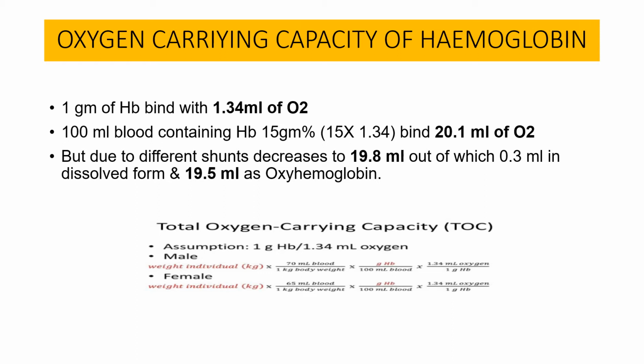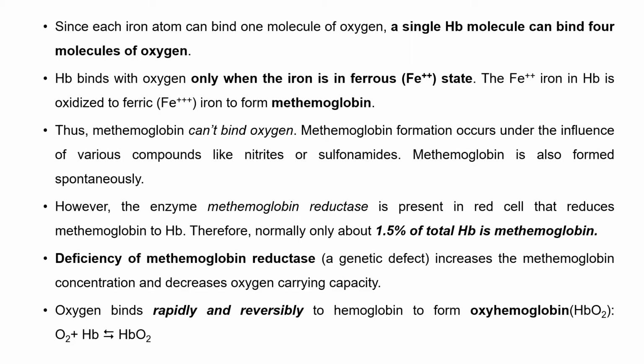But due to different shunts, there is a decrease in the amount, and there is 19.8 ml only, out of which 0.3 ml is present in dissolved form and 19.5 ml is present as oxyhemoglobin. Since each iron atom can bind one molecule of oxygen, a single hemoglobin molecule can bind four molecules of oxygen.